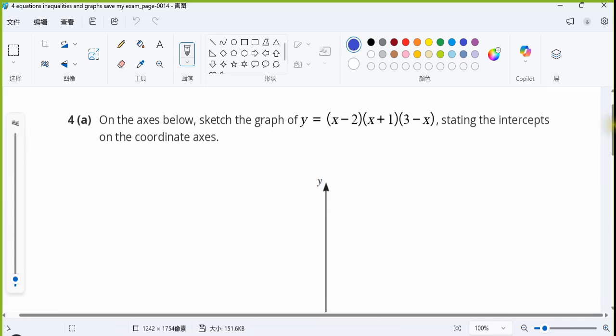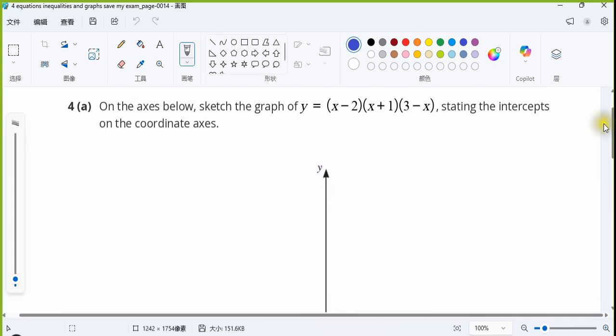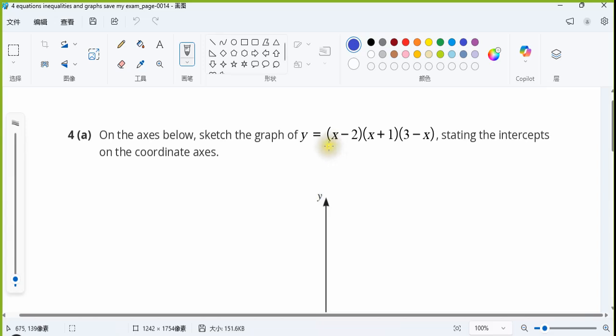Question number 4. Sketch the graph stating the intercepts on the axes. For this one, we have y times y times y, then negative x times x times negative x, then we have negative x cubed and so on. So the shape of the graph will be like this. But we have to check, then only we know the shape.